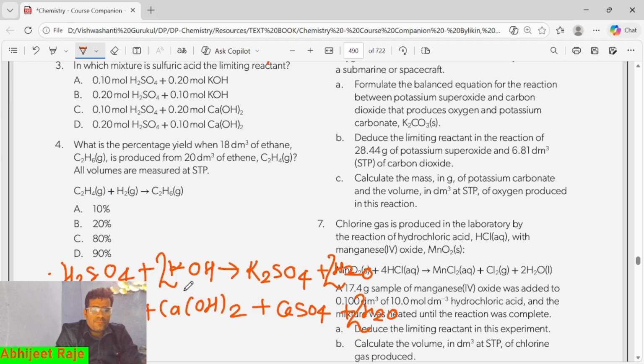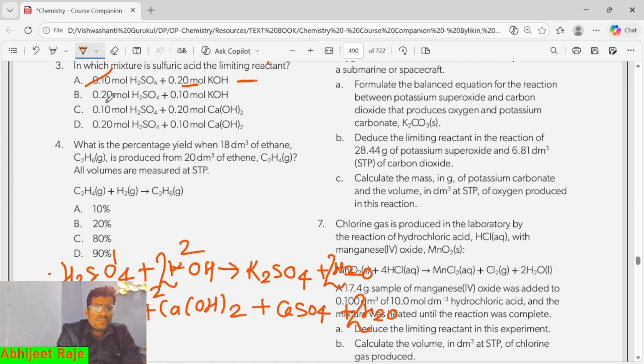Now from this we can understand the ratio of H2SO4 to KOH is 1 to 2. Here the ratio is 1 to 1. If H2SO4 is 1, KOH should be double. So in the first case you have 0.1 mole and this is 0.2, which is double. So this is balanced, no limiting, no excess.